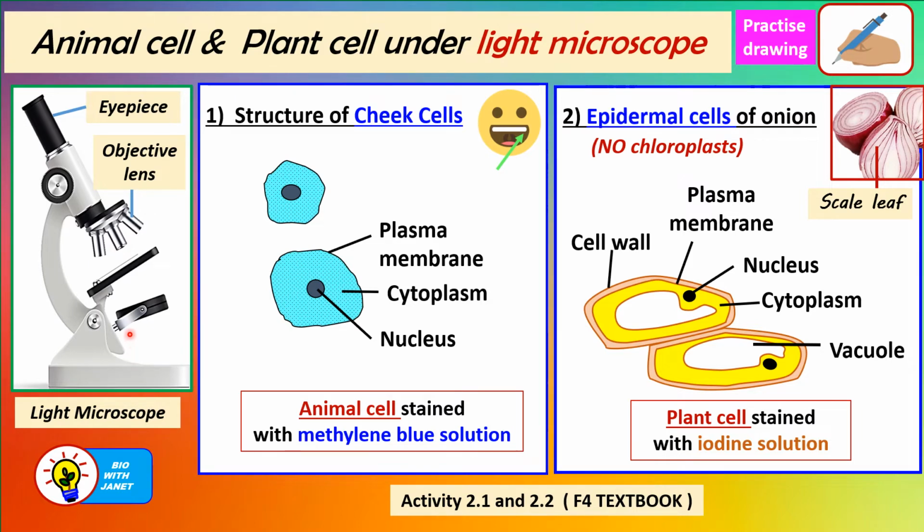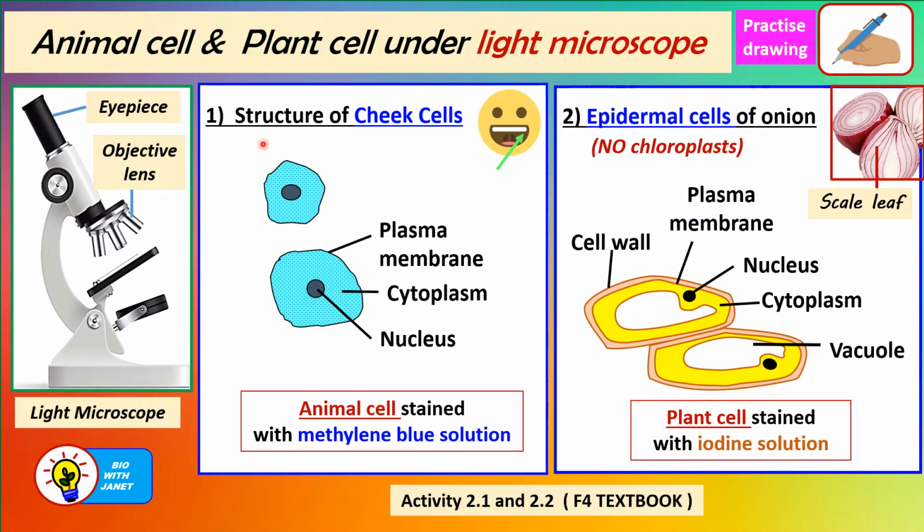It could be a light bulb connected to an electrical supply, or it could be a mirror that reflects the sunlight onto the stage. Then, the aim of the light microscope is to produce a magnified image of the object that we want to see, and using light to illuminate the stage, to brighten up so that we can see the image clearly.